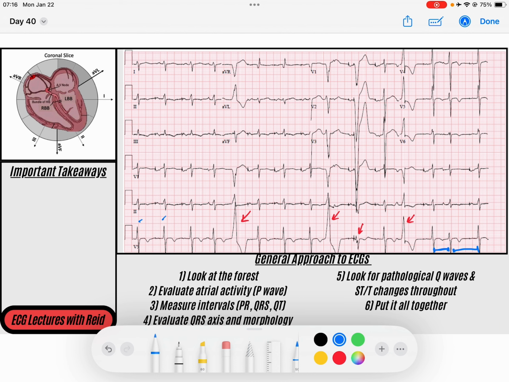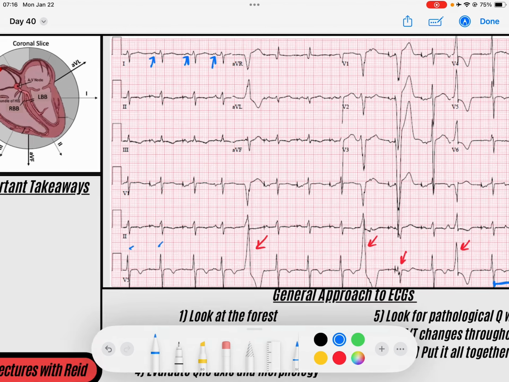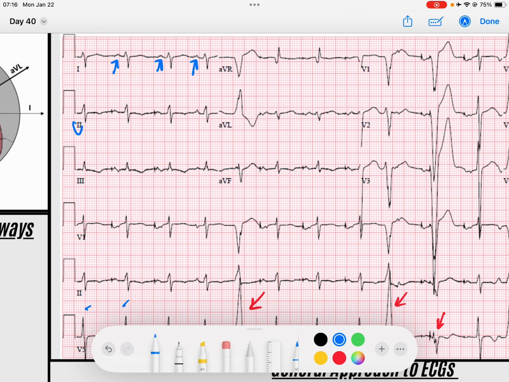When I look now and see I've got narrow QRSs, my narrow QRSs make me think this is probably coming from the AV node. Let's see what's going on. I see we have atrial activity in the form of P waves here in lead 1. But when I look in front of my P waves, I do notice that in lead 2, I've got these pacing spikes. Pacing spikes that occur in front of P waves are atrial pacing.